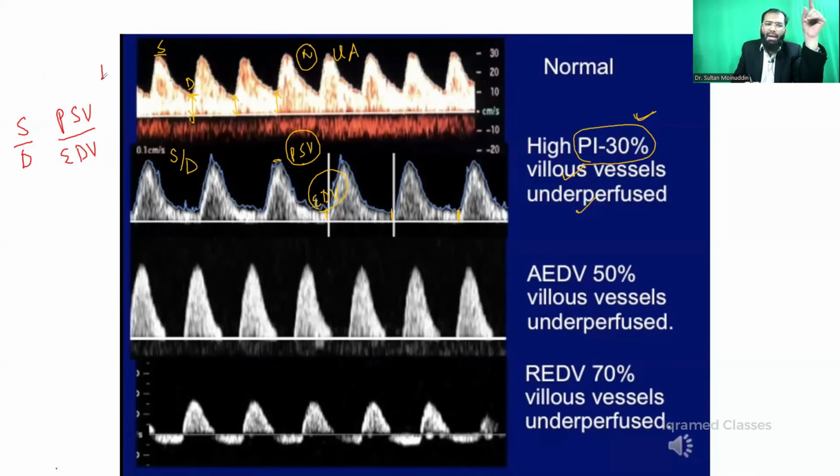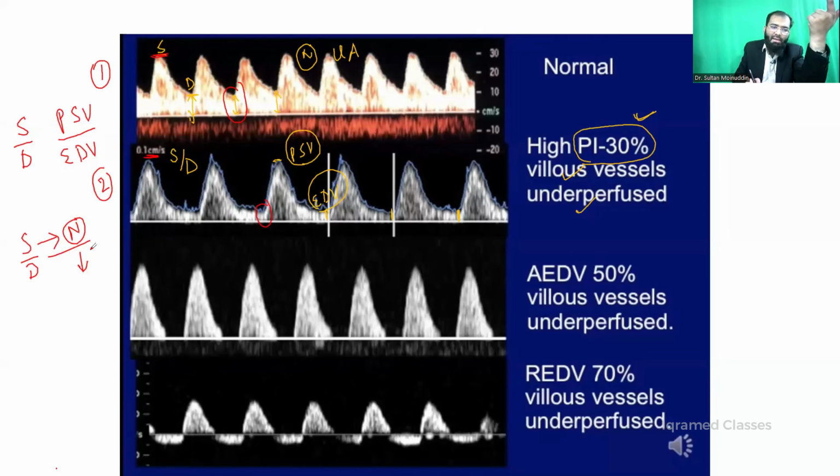Now, if you compare graph 1 with graph 2, what is changing? Is PSV changing or EDV changing? You will say clearly, it's very easy. PSV has remained the same. It is EDV which is changing. In graph 1, EDV is more. In graph 2, EDV has gone down. So now in S by D ratio, what is happening? PSV is remaining the same, so the numerator is remaining the same.